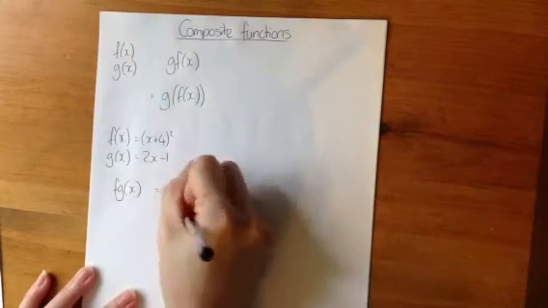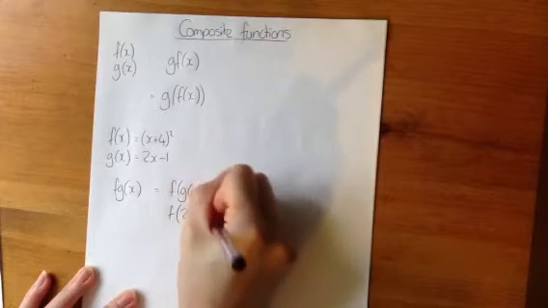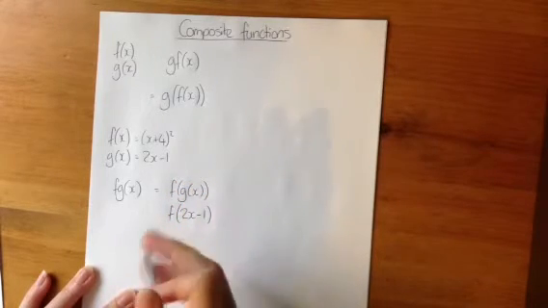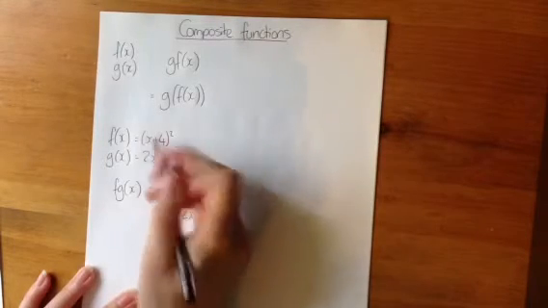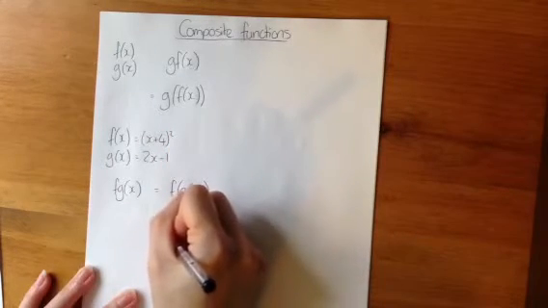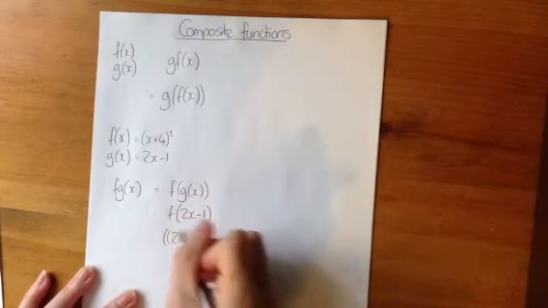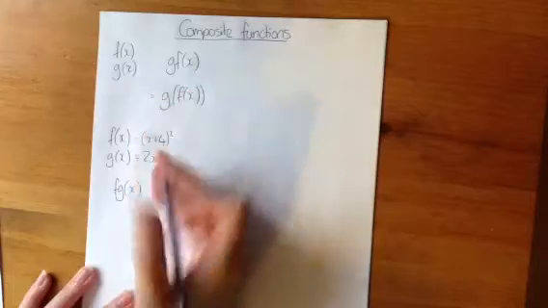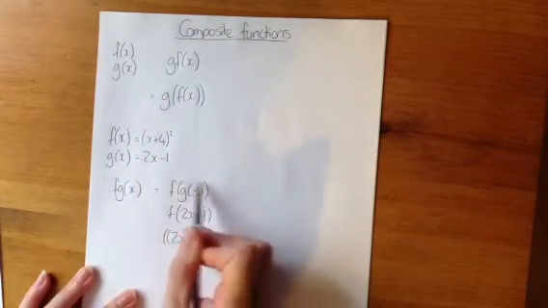So you're going to be doing f of whatever g of x is, which is 2x minus 1. And then when you substitute that as your x value into this, you would write it as 2x minus 1. So I'm putting it inside a bracket because I've taken this x value up here and I've replaced it with what I got as my output from g of x.